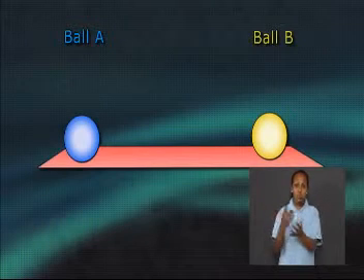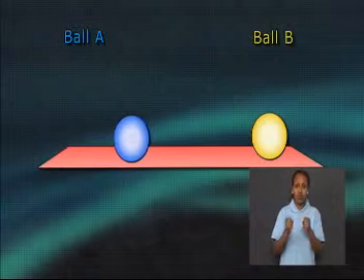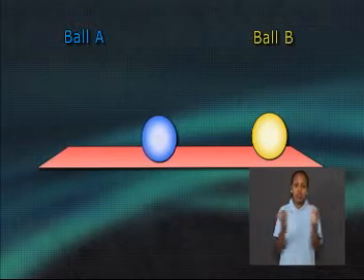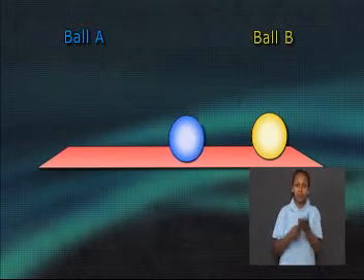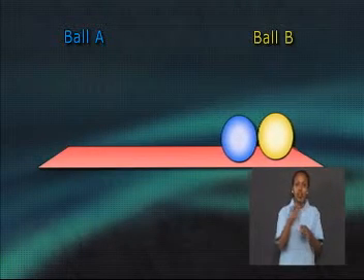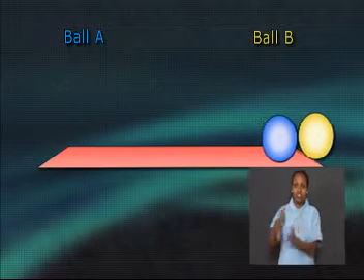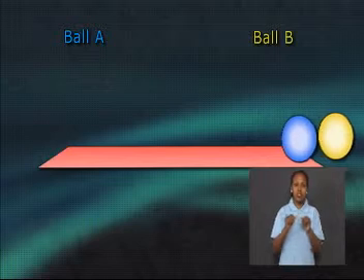Depending on the material, it is also possible that the balls may stick together. They may even move in the same direction once they are connected. In this case, the momentum of the system is still conserved.